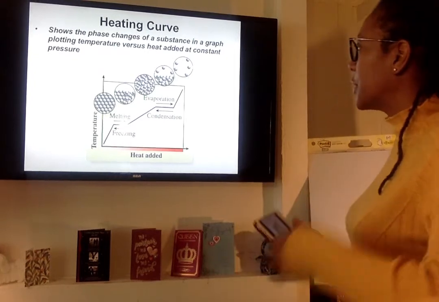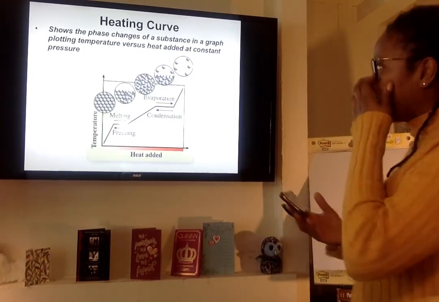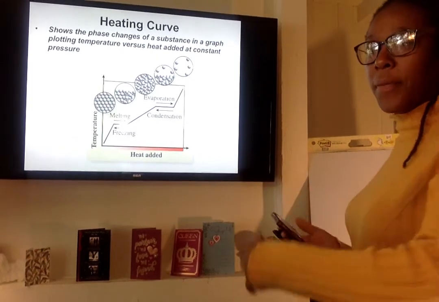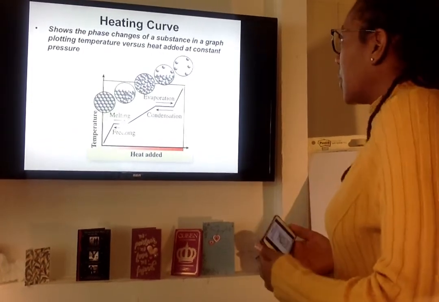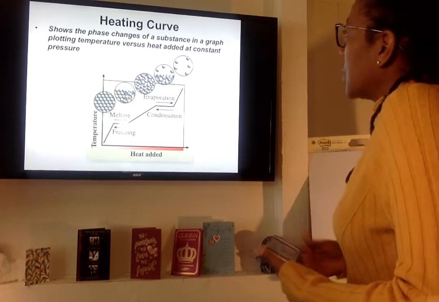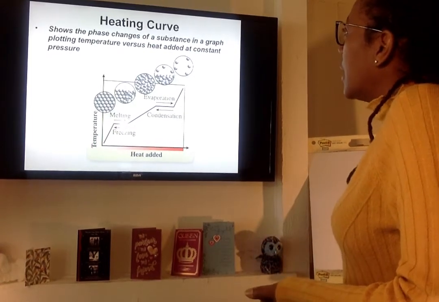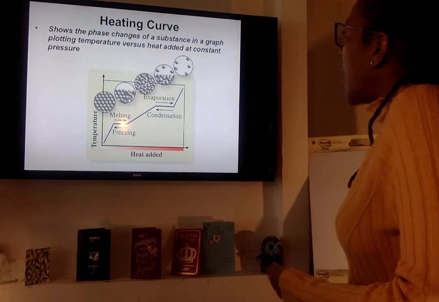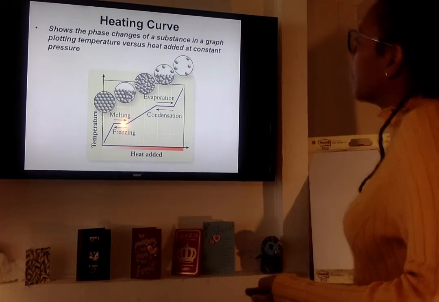Okay, so let's go into this heating curve. This gives you more of a visual aspect of what we're talking about. A heating curve shows the phase changes of a substance in a graph plotting temperature versus heat added at a constant pressure.